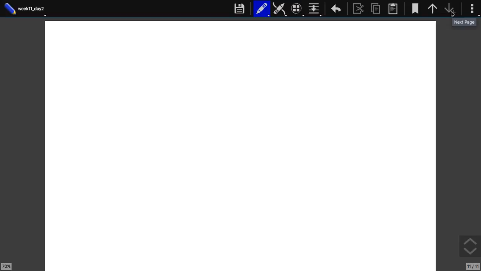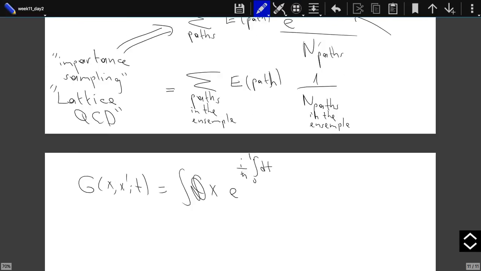So let's say we have this G, which we wrote as V of x, e to the power i over h bar, integral dt from 0 to t of 1 over 2 m x dot squared, let's say minus v0 of x minus lambda v perturbation of x at t.